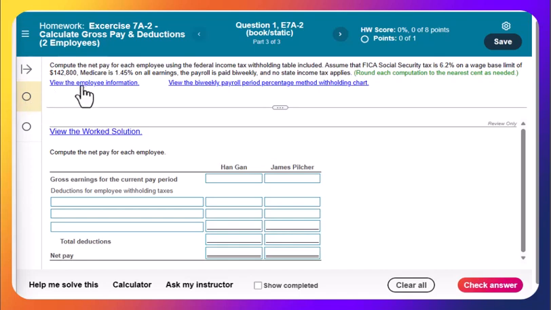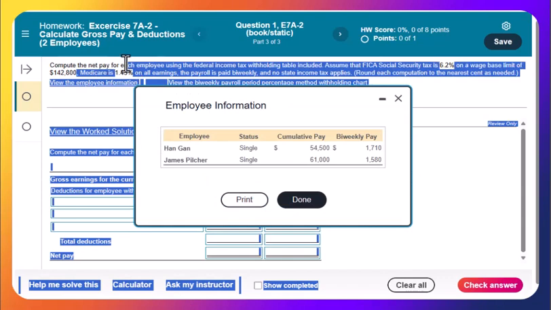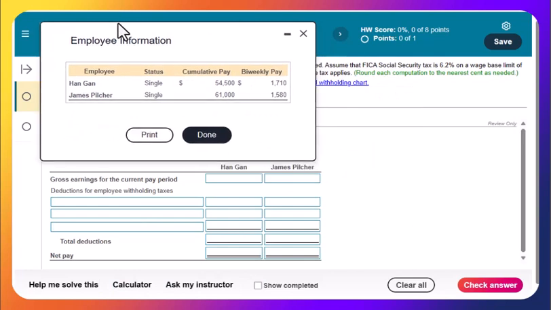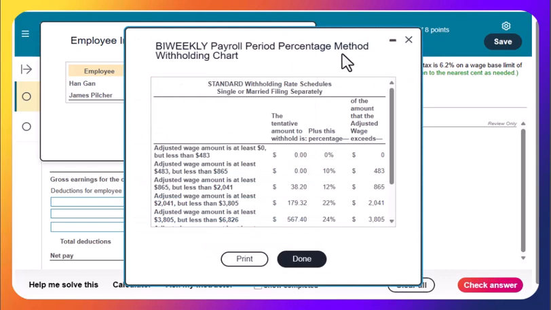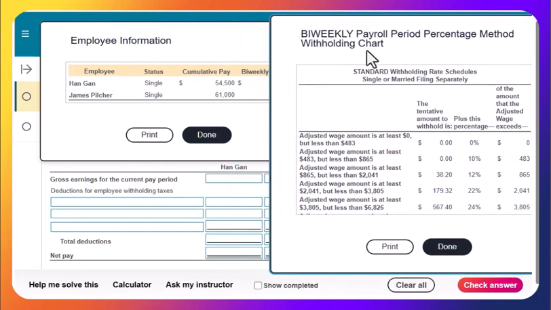So I'm going to go ahead and pop open the employee information here, and then the table here included. And notice it does say biweekly and single, both of which our employees here are.